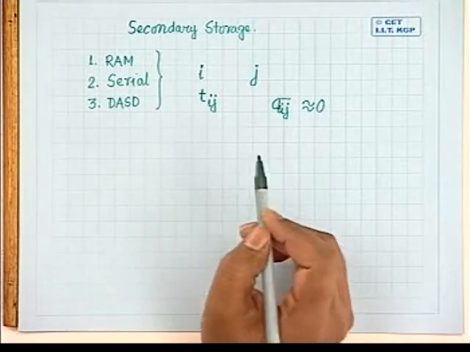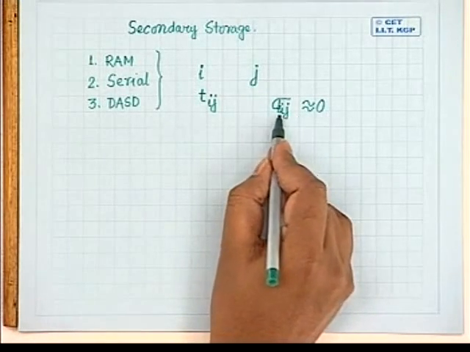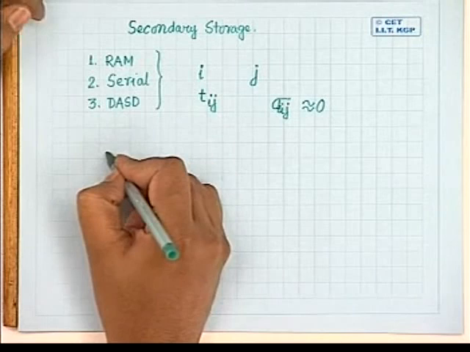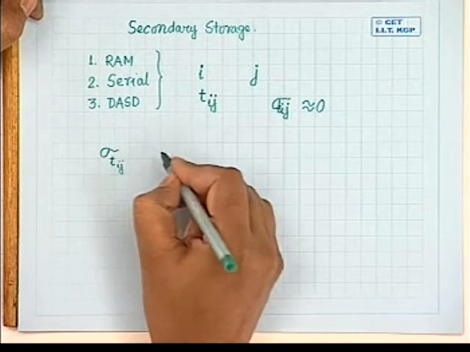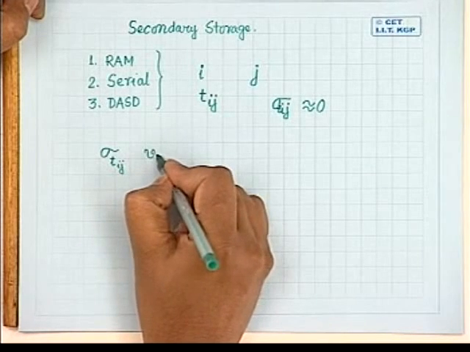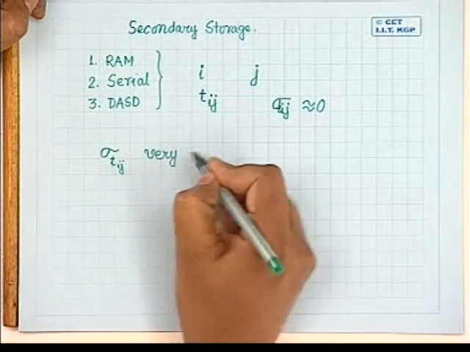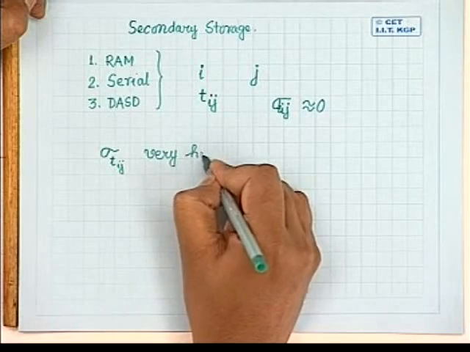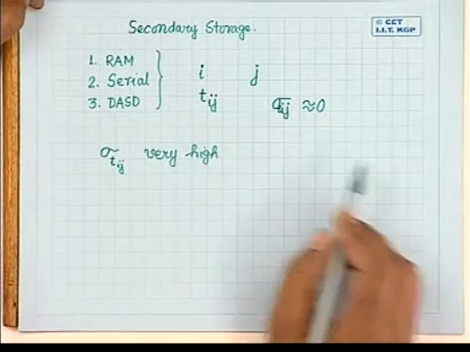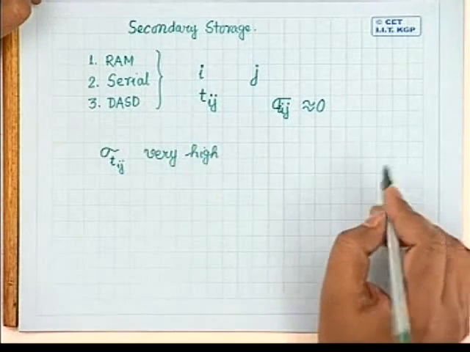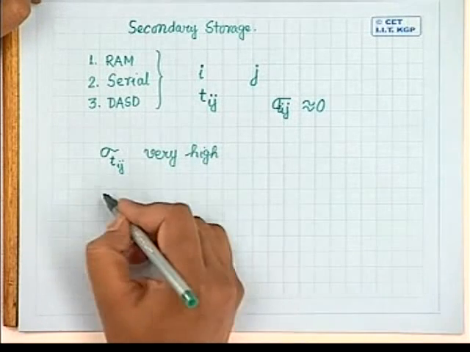When you come to serial storage device, this variance sigma Tij is very high. A typical example of this serial storage device is the magnetic tape.